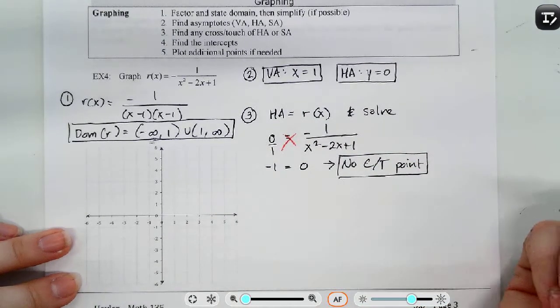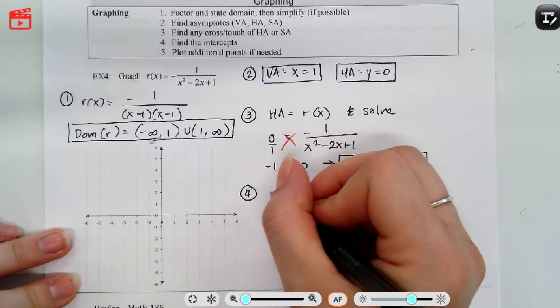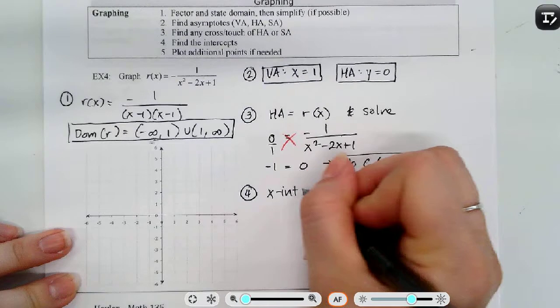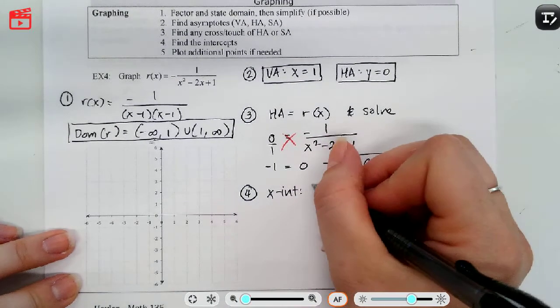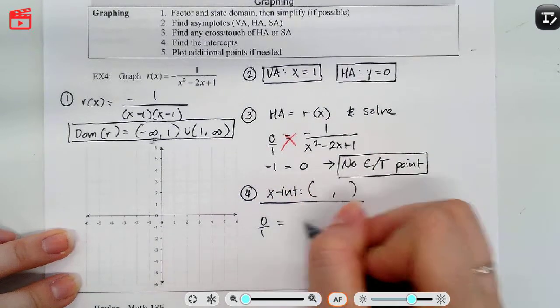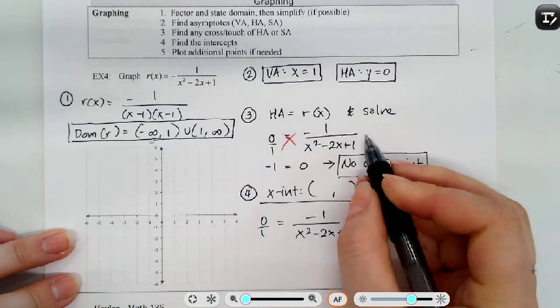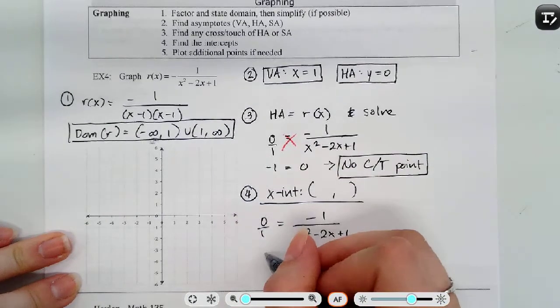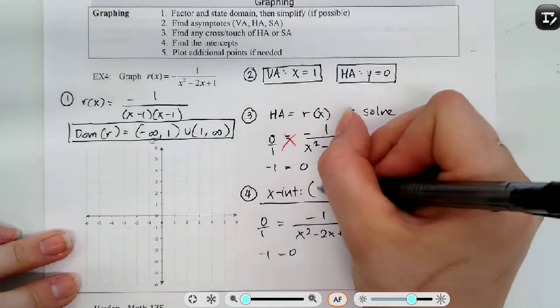All right, let's see. Last, intercepts. So for my x-intercept, you're going to set y to 0. Interesting, we just did this right up here. And we find out that negative 1 equals 0, so there are no x-intercepts either. So we're going to go ahead and write none.